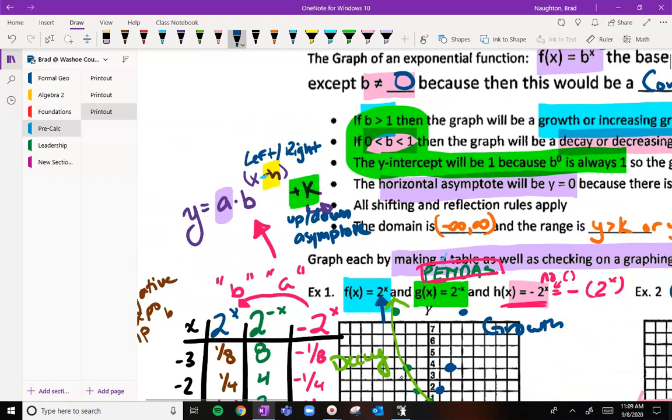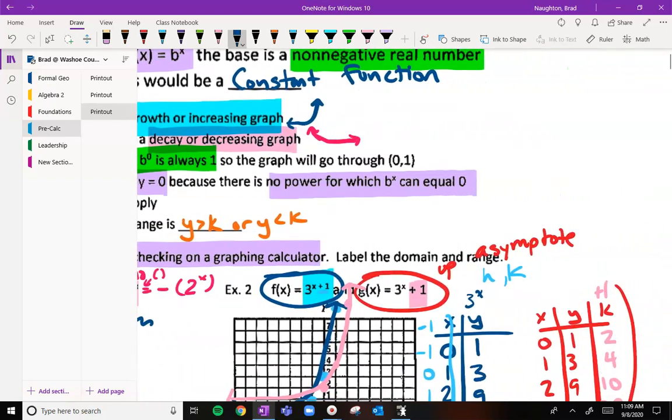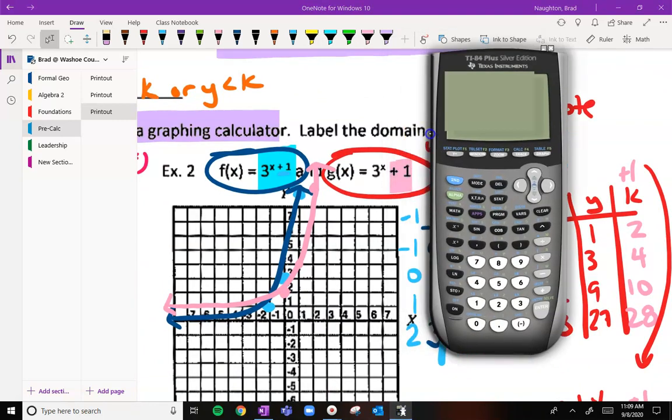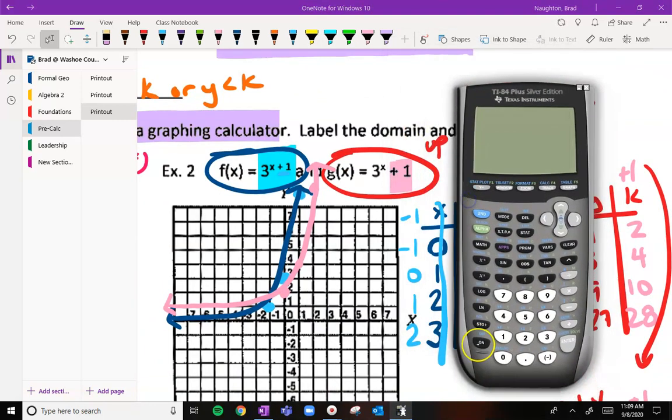All righty. So ladies and gentlemen, let's go ahead and play with these two to make sure we know how to plug them in our calculators correctly. I have my calculator out here, turn it on, go to y equals, and then I'm going to do 3, and then right above the divide sign is the up arrow, known as a caret.